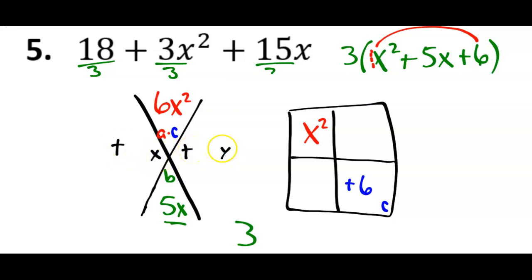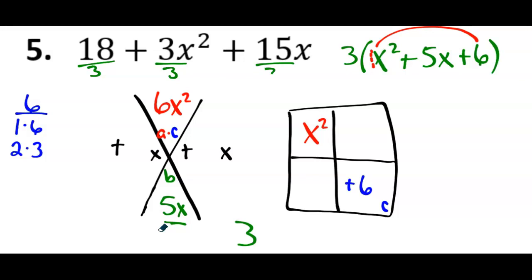Both positive. All right, so let's figure out what are the factors of 6. Well, we've got 1 and 6, and we've got 2 and 3. Which of those add to 5? That one's tough.